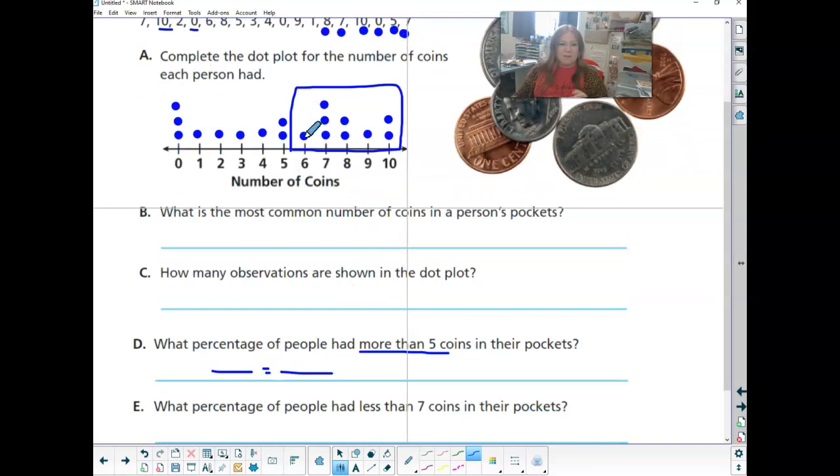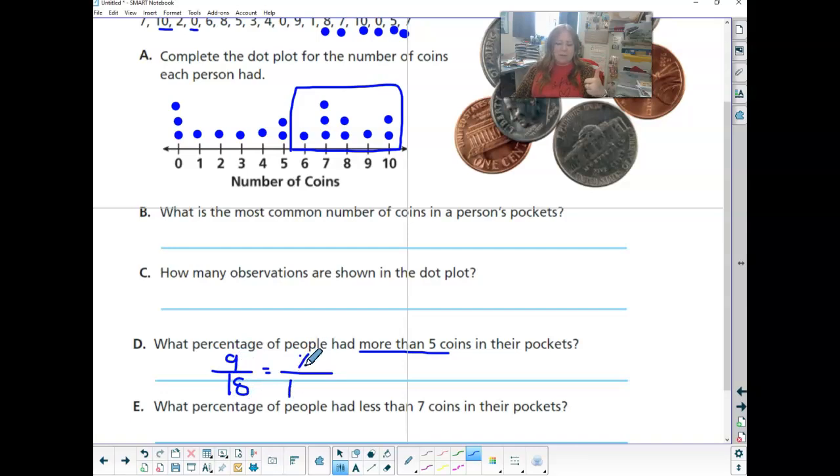So more than 5 is 1, 2, 3, 4, 5, 6, 7, 8, 9 people had more than 5 out of a total of 9, 10, 11, 12, 13, 14, 15, 16, 17, 18. That number 18 should match your answer to C. So it's the total people. So we had 9 out of 18 people.